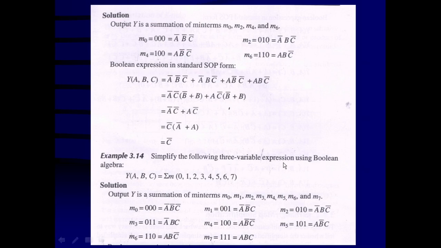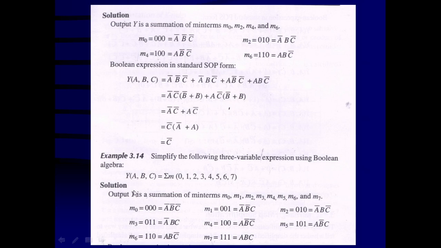Simplify the following 3 variable expression using Boolean algebra. Y is a function of ABC, that is equal to sigma m 0, 1, 2, 3, 4, 5, 6 and 7. Here all the 8 min terms are there.